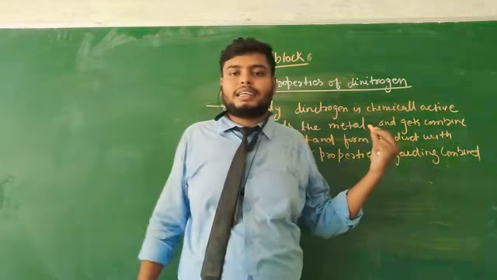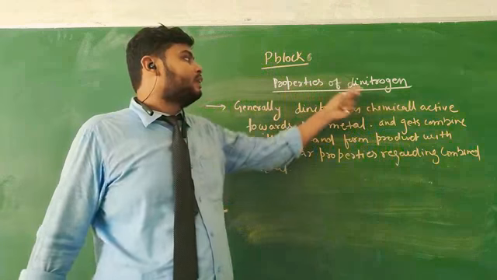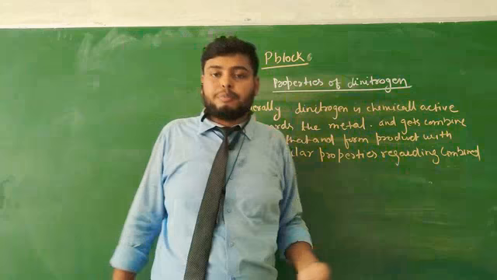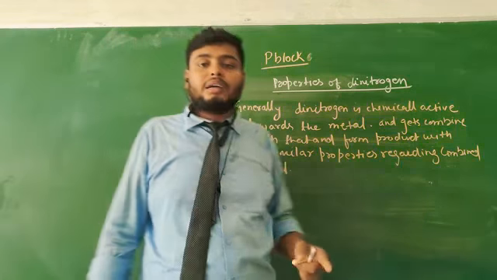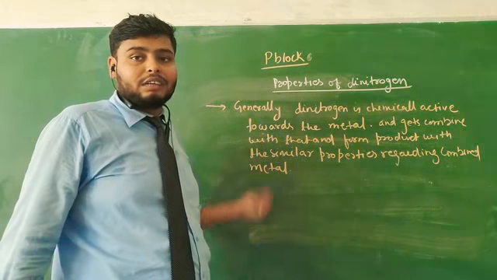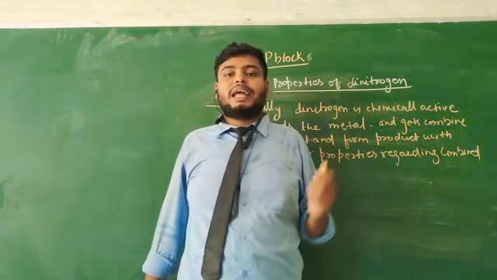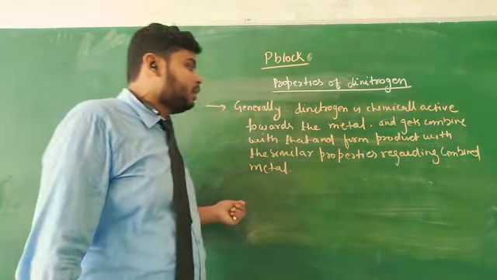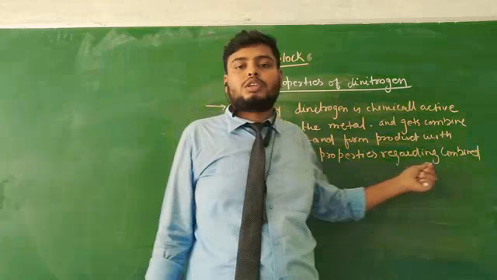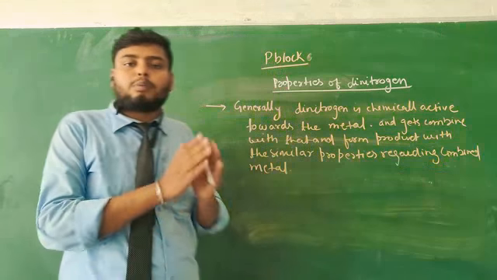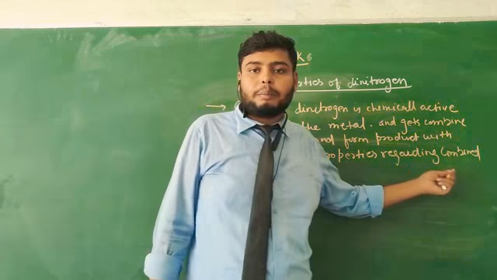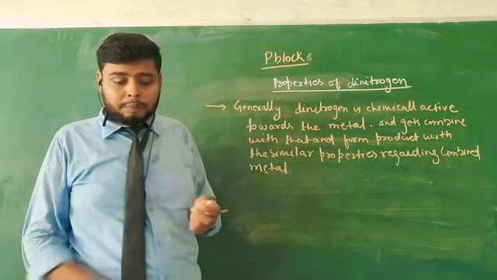If the dinitrogen combines with any similar and fixed type of metal, generally it combines with the top metals. Top metals means we are talking about the reactivity order, like lithium. It combines with lithium and forms the products, and the properties of the products are similar to the metals. If the metal gets combined, then the product is also similar to the metals.